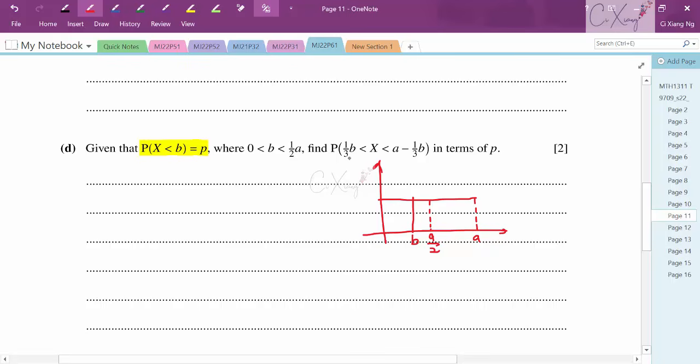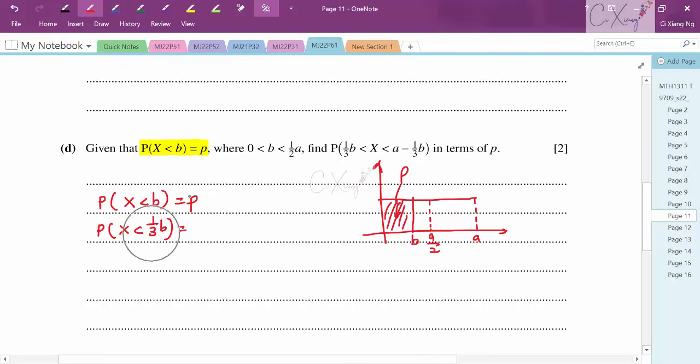Now they want us to find the probability of X between 1 over b and also a minus 1 over b. First of all, I think it will be important to know the value for X smaller than b over 3. If X smaller than b is equal to p, then this whole area here is p.